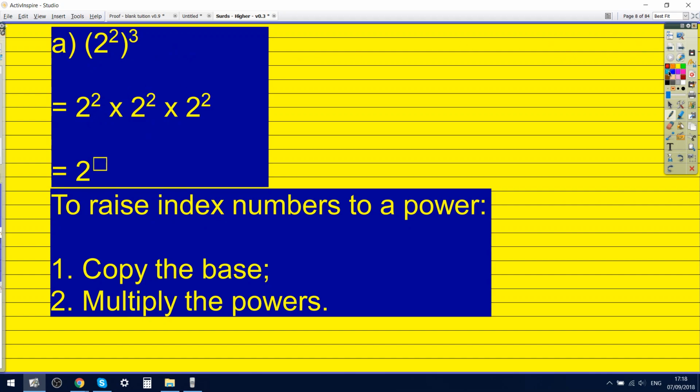What is this one? Would this be 2 again? No. 2 squared times 2 squared times 2 squared. Oh, 2 to the power of 6. Yeah. And so what's the quick way of going from having 2 and 3 to just 6?